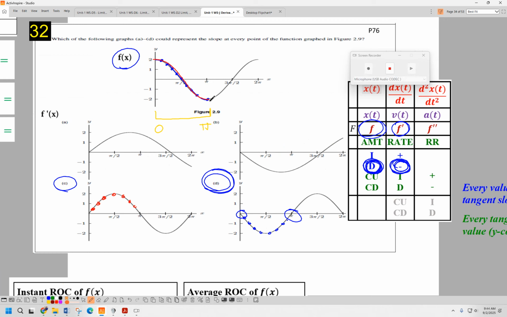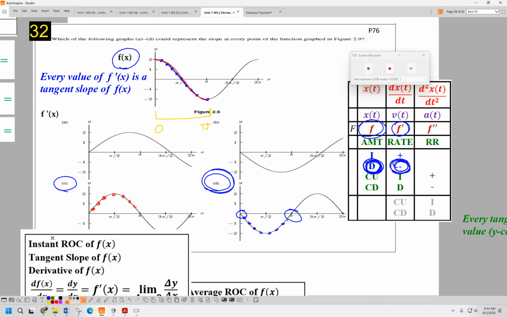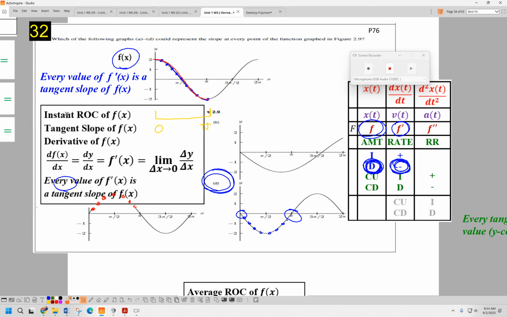Questions? Oh, please. So the slope of the f of x, is that equal to the y coordinate of the f prime? What Anna just said is right here. And there's a note like that on your reference sheet right inside this box.